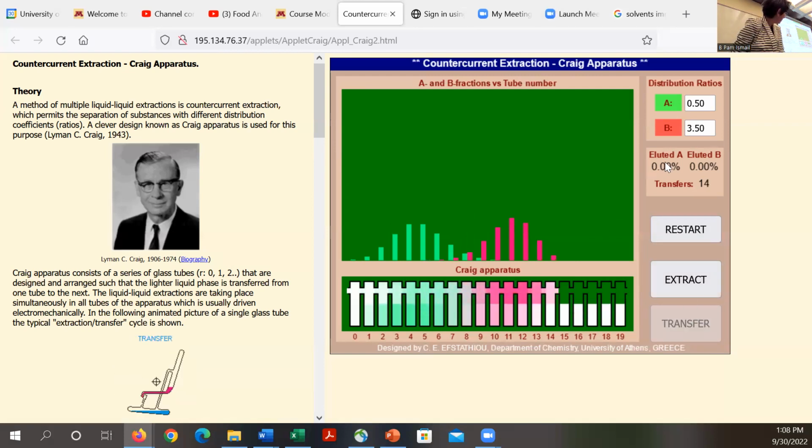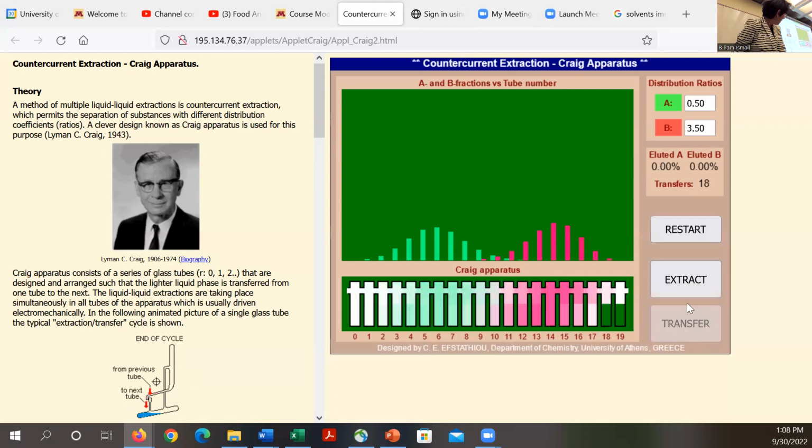So far, look, eluted meaning left the tubes or left the column. Okay, so now both of them are still in the tubes. So if I continue with that, I will eventually see some of B starting to come out, to leave basically. So now you see here the percentage, B is coming out.